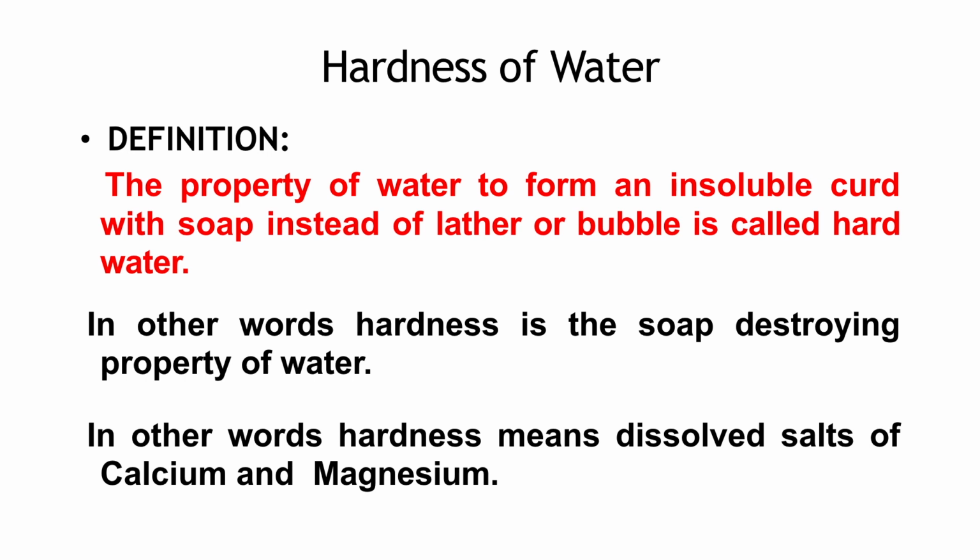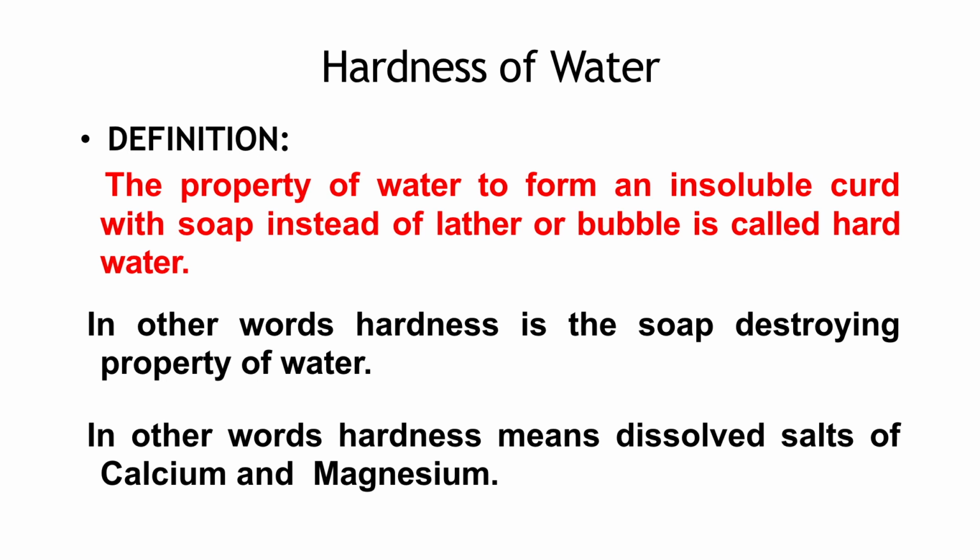Because of the dissolved salts of calcium and magnesium, your soap cannot form lather or bubble. Because of these dissolved salts, your soap will form the curd-like precipitate in the presence of hard water.